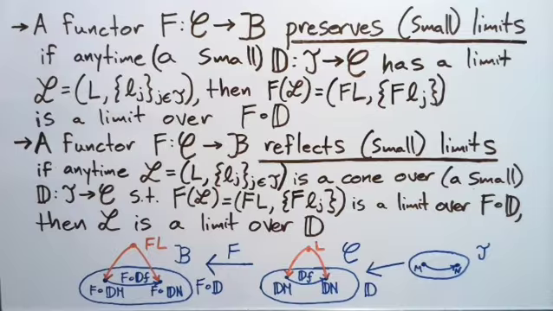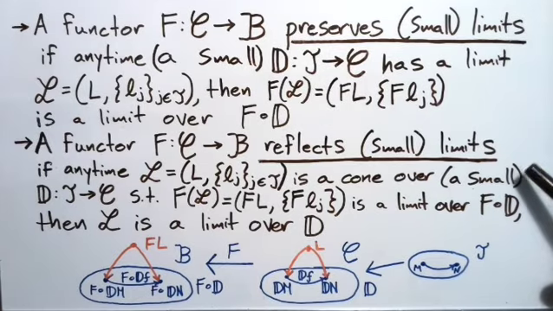So you see what it's saying, right? The first one was just saying, if this is a limit, then it must be a limit after we apply F. And this is saying, if after we apply F, the image is a limit over the image of the diagram, then it gets reflected back, right? It comes back, and this L cone here is also a limit over this diagram D.